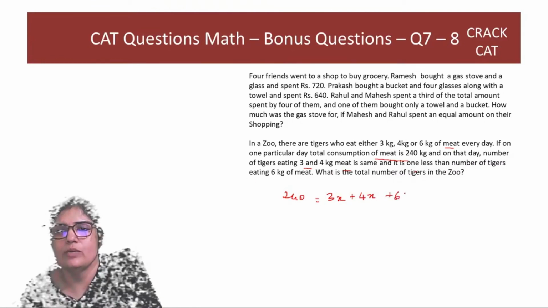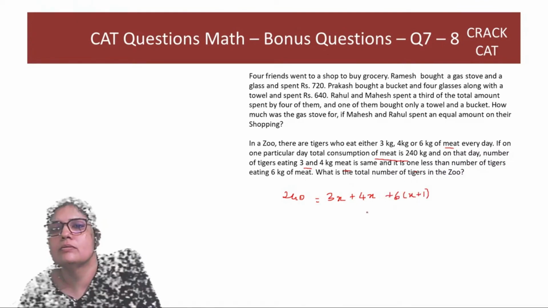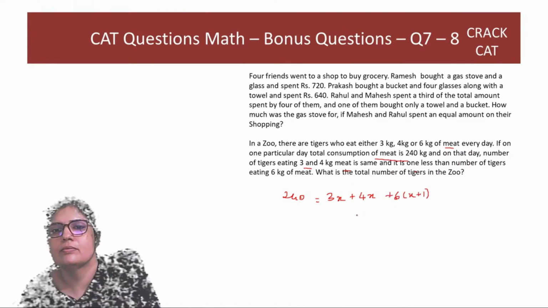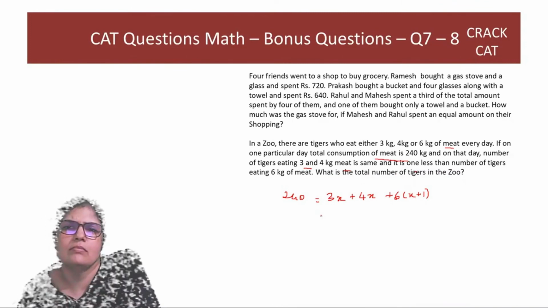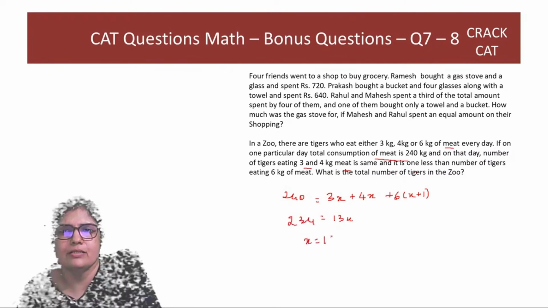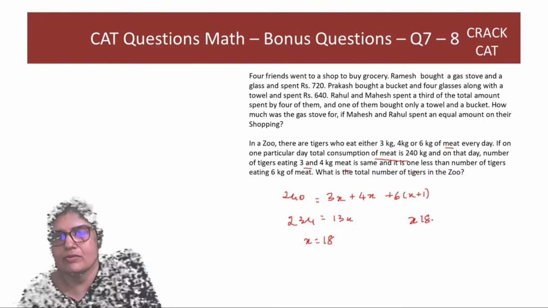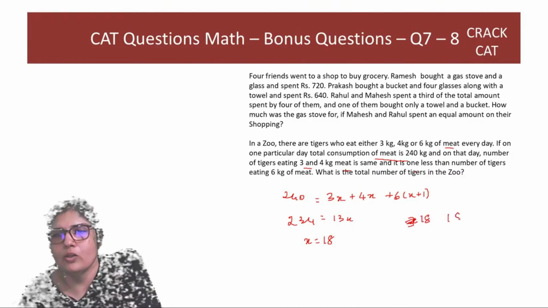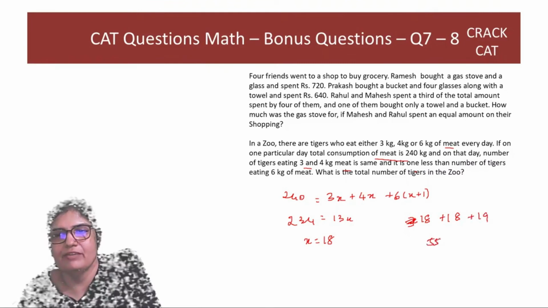So 6 into X plus 1. So I get 13x is equal to 234, x is 18. So the total number of tigers: 18 eating 3 kilo, 18 eating 4 kilo and 19 eating 6 kilo, which is 55.